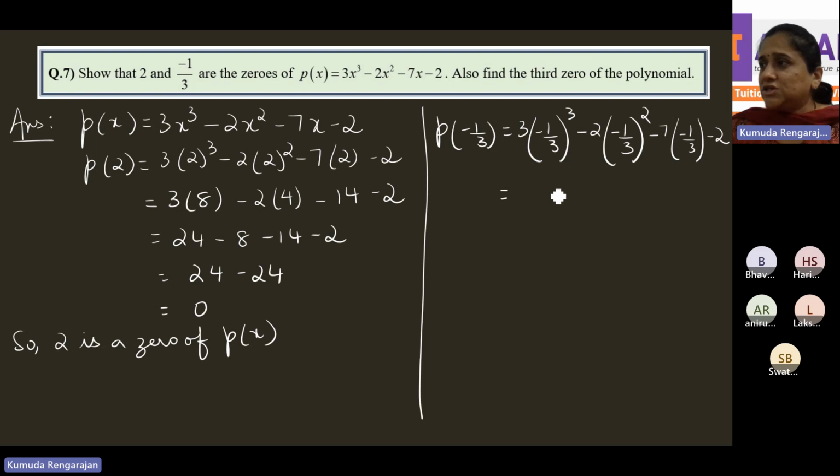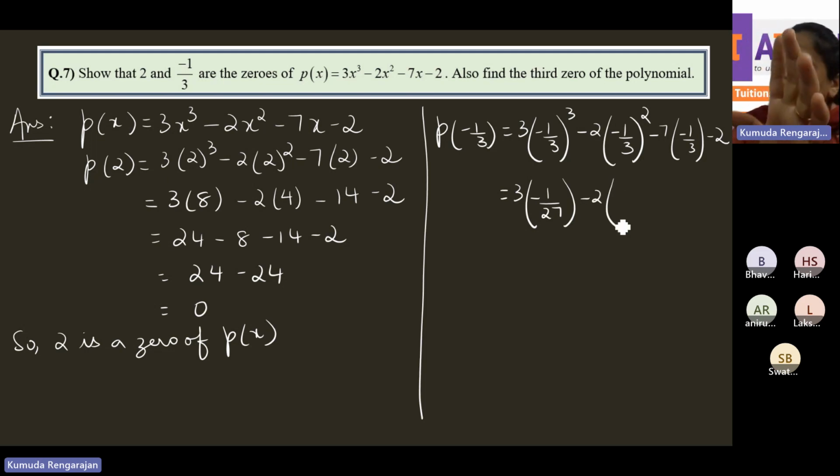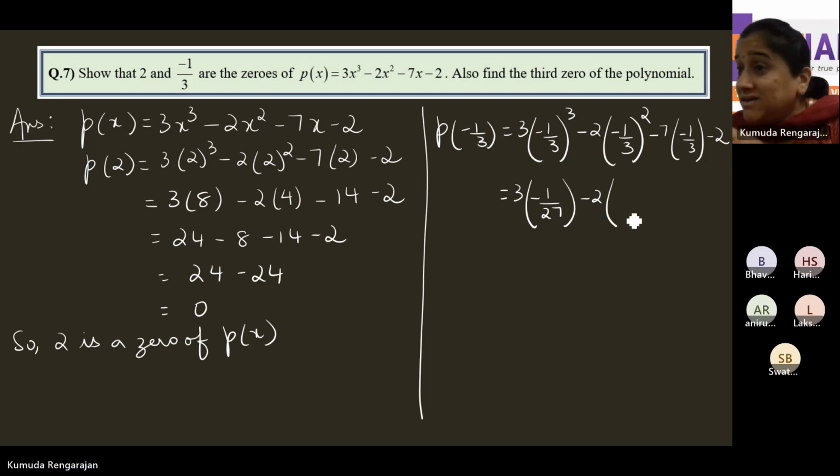We'll just do this calculation together. So 3 bracket, what will you get? What is 1 minus 1 by 3 into minus 1 by 3 into minus 1 by 3? Minus 1 by 27. Then minus 2 into, we have to simplify the powers first. Don't cancel before that.